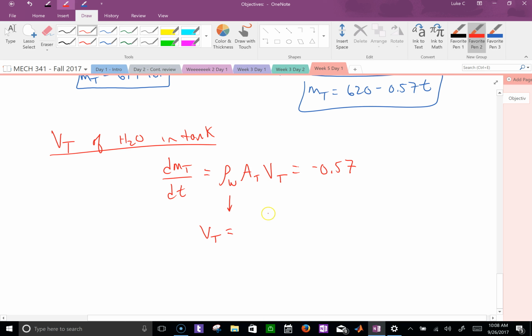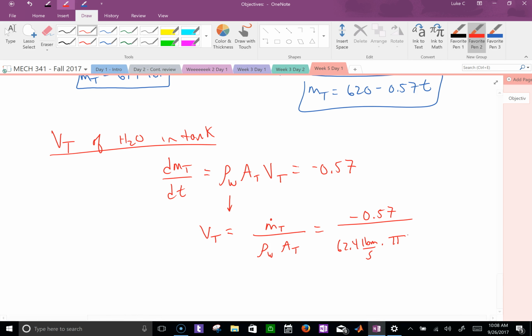Okay, how did I do that? I called it m dot of the water level in the tank over rho times the area of the tank. What was the area?